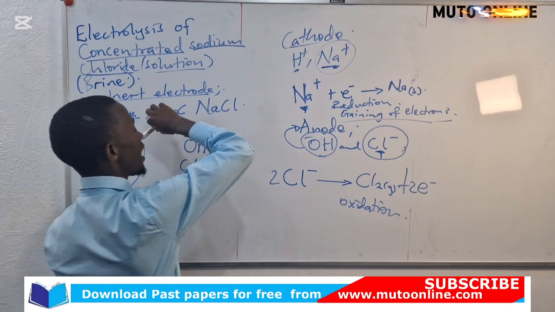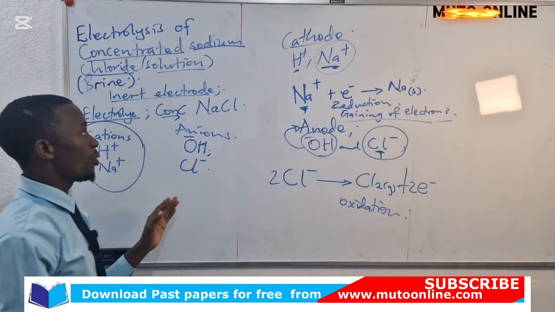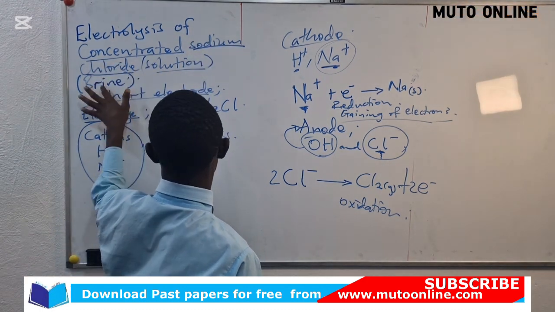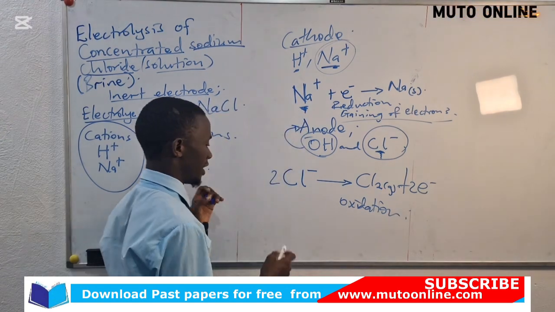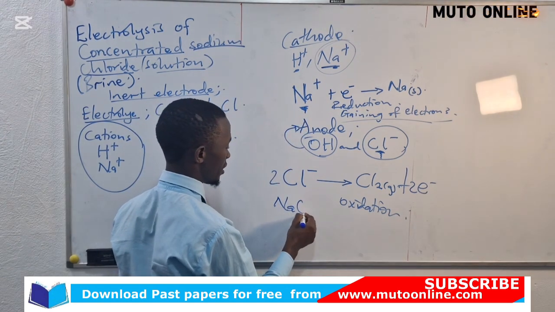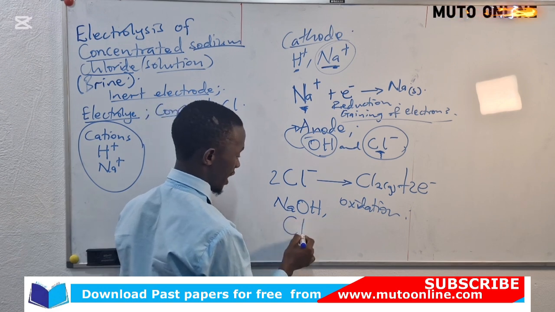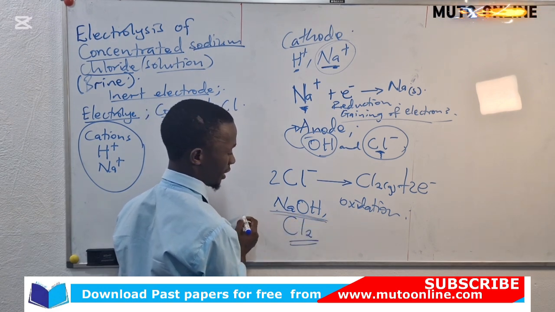This also has a great application in everyday life. For example, the electrolysis of concentrated sodium chloride, or brine, is very crucial in the process of manufacturing sodium hydroxide and chlorine gas, which are very crucial products.